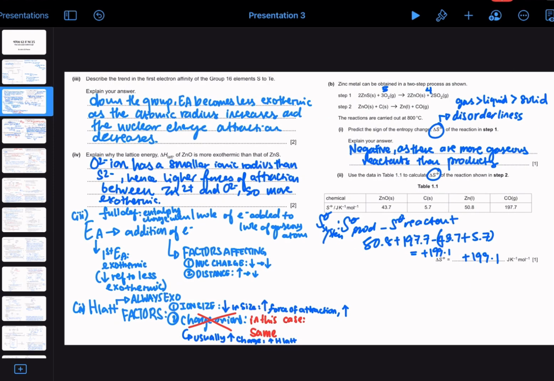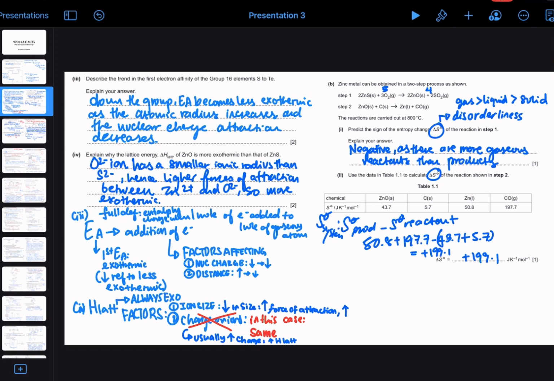Describe the trend in the first electron affinity of group 16 elements from S to Te. Explain your answer. Okay, so for the whole of physical chemistry, it's very concept heavy. You have to remember, and if you don't, that's very unfortunate, but you can try to use some of your AS knowledge.